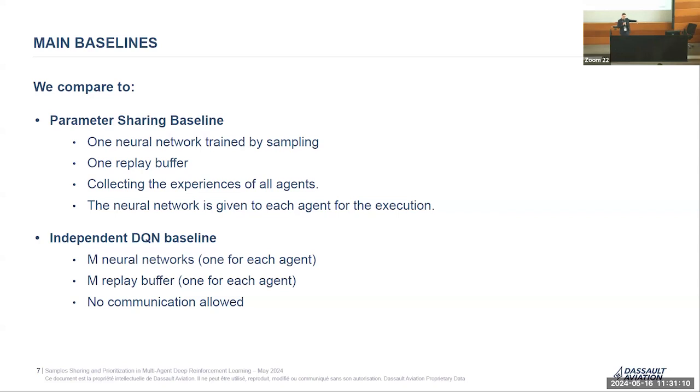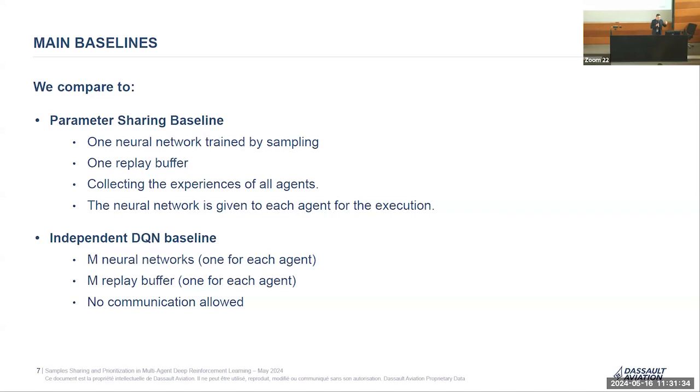We have multiple agents interacting with the environment, gathering experiences and putting them in the replay buffer, and the neural network samples this replay buffer uniformly to learn good policies.